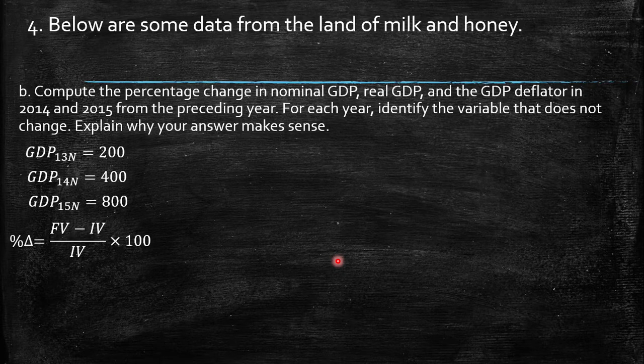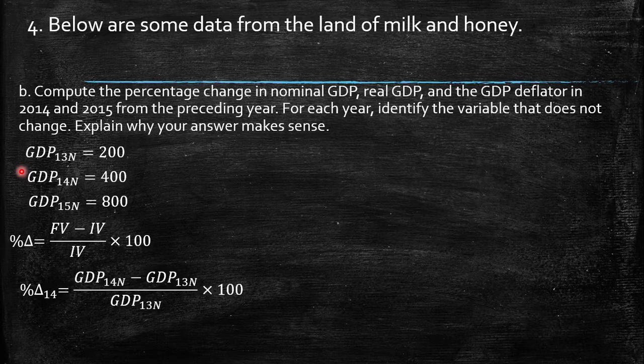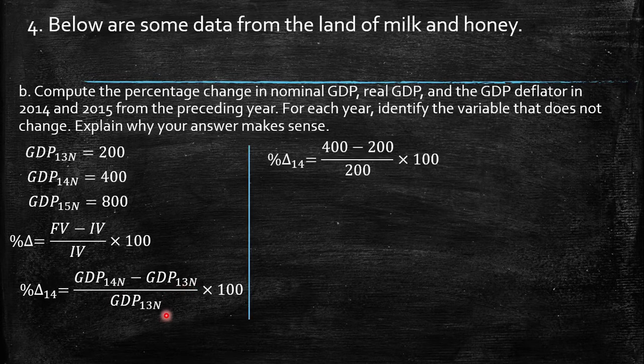So remember, the percentage change should be final value minus initial value over initial value times 100, and you have the answer in percentage. So we have nominal GDP for 2014 minus the initial, which in this case is 2013 nominal, over 2013 nominal. So you just replace, and then we end up with 100%.